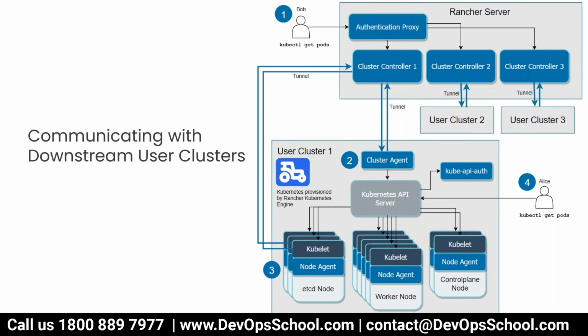Now, if any cluster has been set up using Rancher, again, see the fourth step, any user can talk directly to the API server of that particular cluster. That person has no need to authenticate again with the authentication proxy. Typically, it's the way you work with a single cluster; the same way, after the deployment, you can work. Make sense?